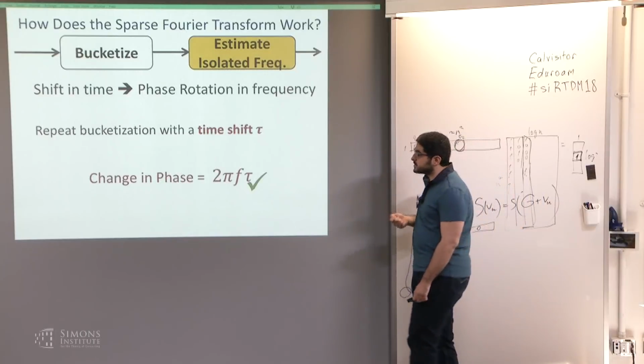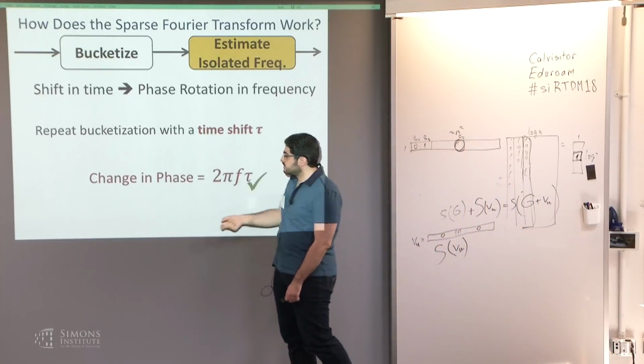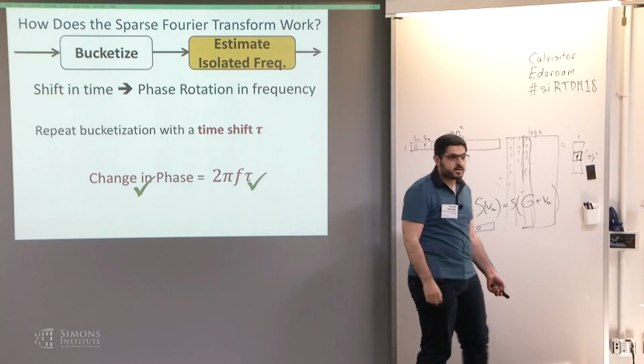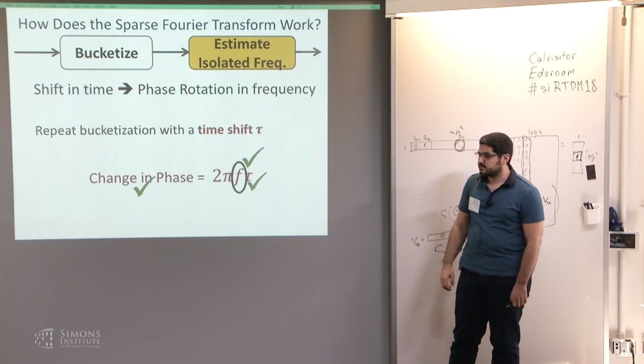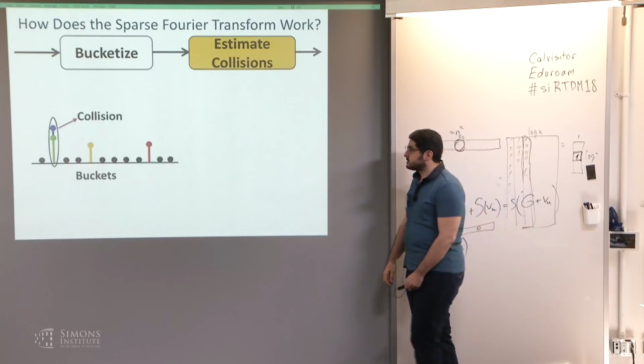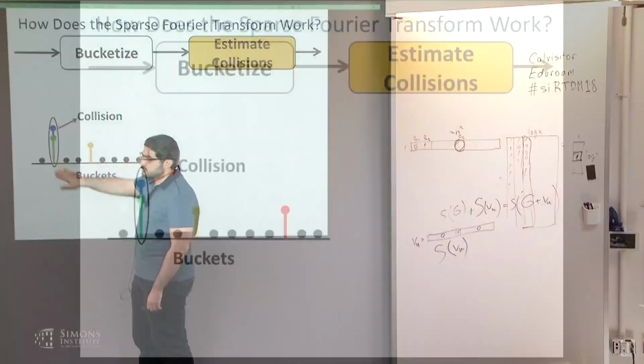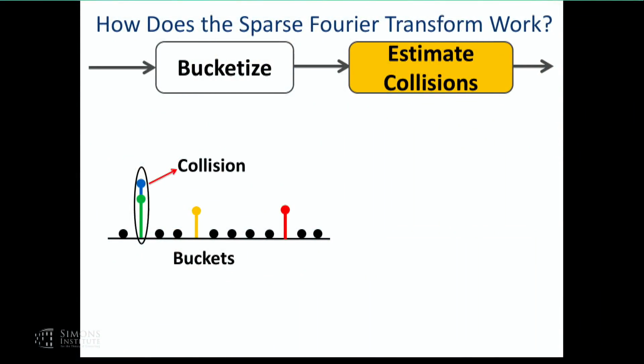We know tau because we can pick it. We can measure the change in phase, and from it estimate the frequency f. Good. But what about buckets that have collisions? The phase is not going to depend on either.